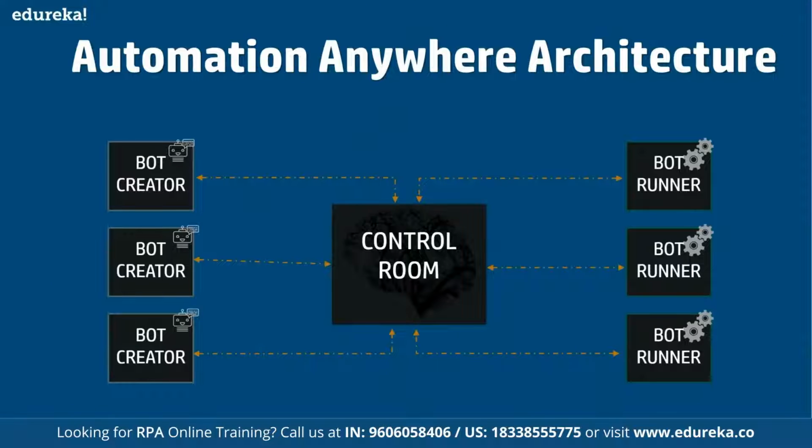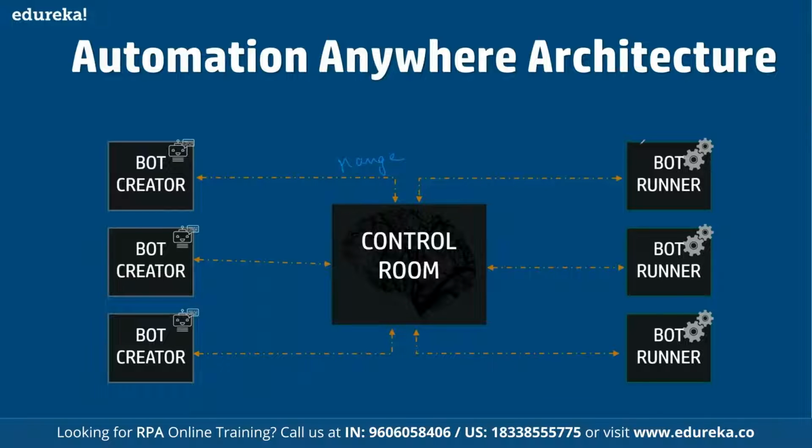Now, this is the architecture of the Automation Anywhere platform. I will show you just now how it works. There is one control room at the center. The control room is the central application using which you can manage your entire RPA operations and the RPA platform.